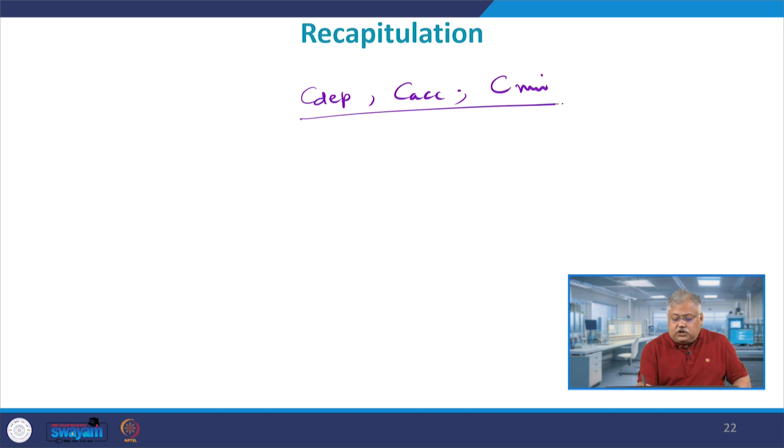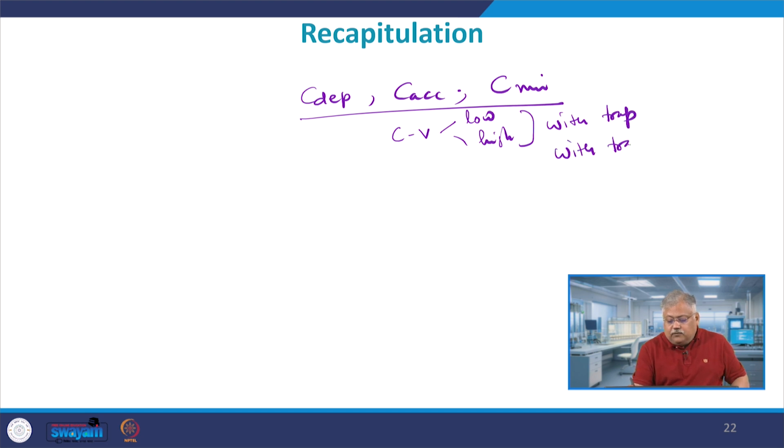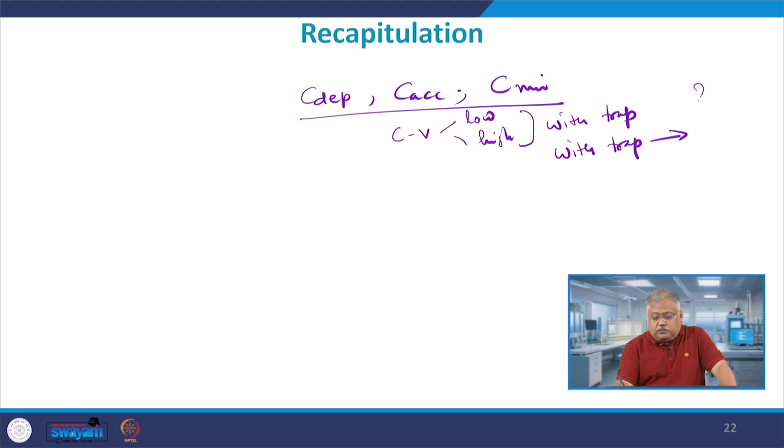And we took these three and tried to plot a CV characteristics both for low frequency and for high frequency without trap charges and then with trap charges, right? And we saw that with trap charges, in the accumulation side my capacitance falls down, and in the inversion side it gets up, right? And the reasons are known to you. I told you to find out the possible reasons for that, right?